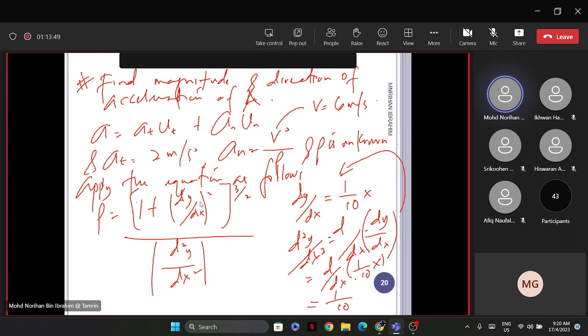What you need to do is substitute the data obtained from the previous step into this equation.